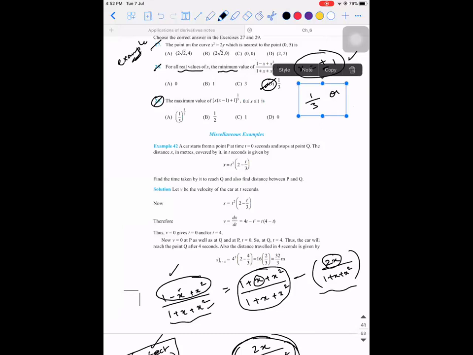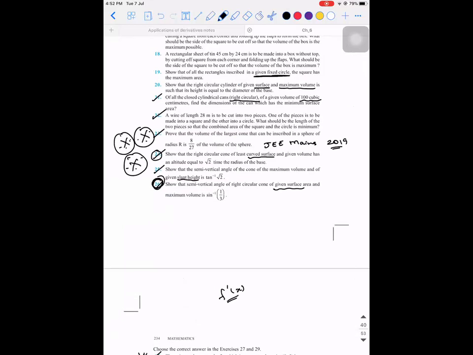I'll try to solve in both the methods and send it to you. So whichever method is comfortable for you, you can take it. So 29th, you guys practice it again once I send the solution.